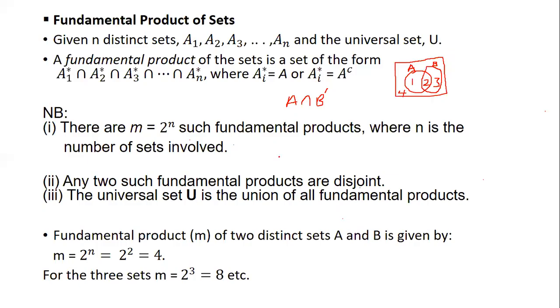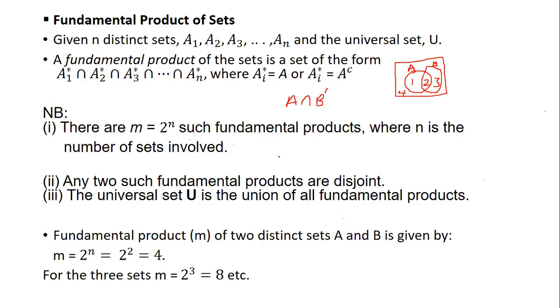So if you have found the fundamental product of given sets, let's say A and B, then we just want to find the number of intersections that we can form. So we form all the intersections that we can get from sets A and B. Are you okay?